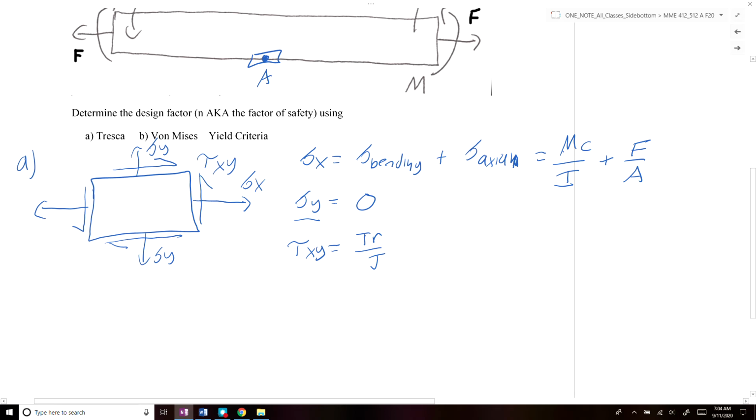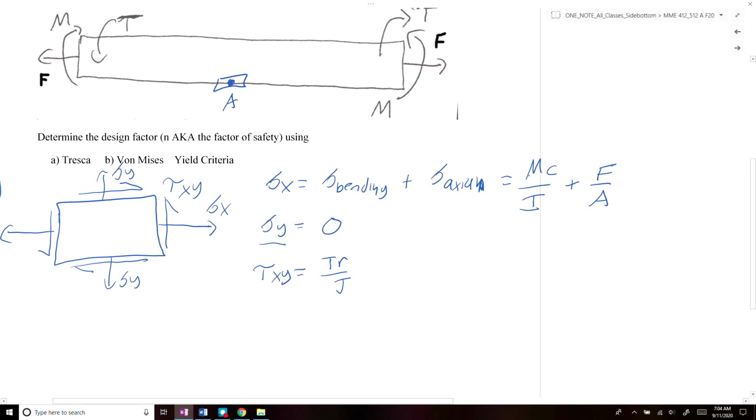So we're just going to plug in all of our terms to solve for each of our components. We'll start with our shear stress tau xy. The given torque in the problem statement was 8,000 pound-inches. The radius in this case would be 0.75, or 1.5 inches over 2.